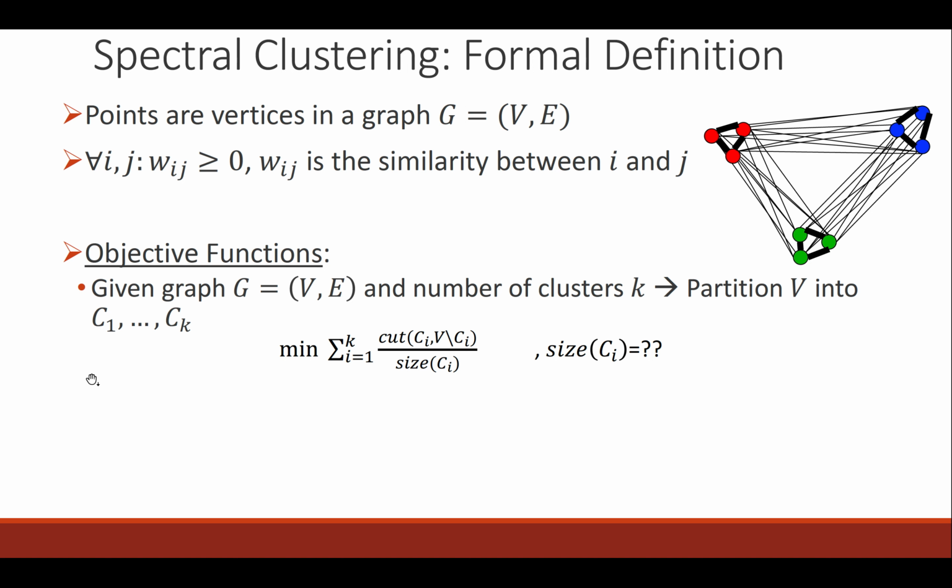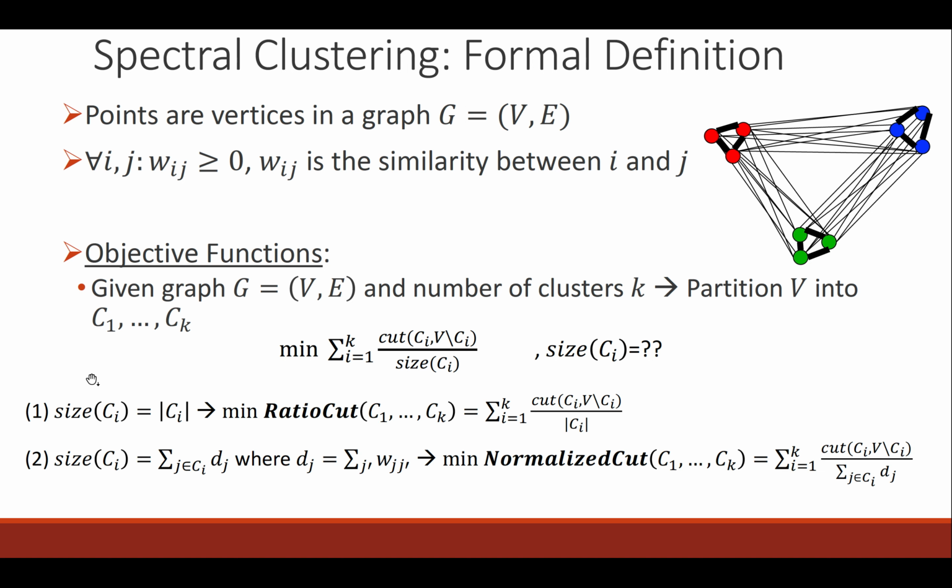There are two ways to basically take the size of Ci. One definition is that the size of Ci is equal to the cardinality of Ci, that is the number of vertices in Ci. And if we take this definition, we basically get the ratio cut, where it's again the same definition, just where the size is measured by the number of points in Ci. Another definition is that the size of Ci is equal to the sum of the degrees of the points in Ci, where degree here has a weighted notion.